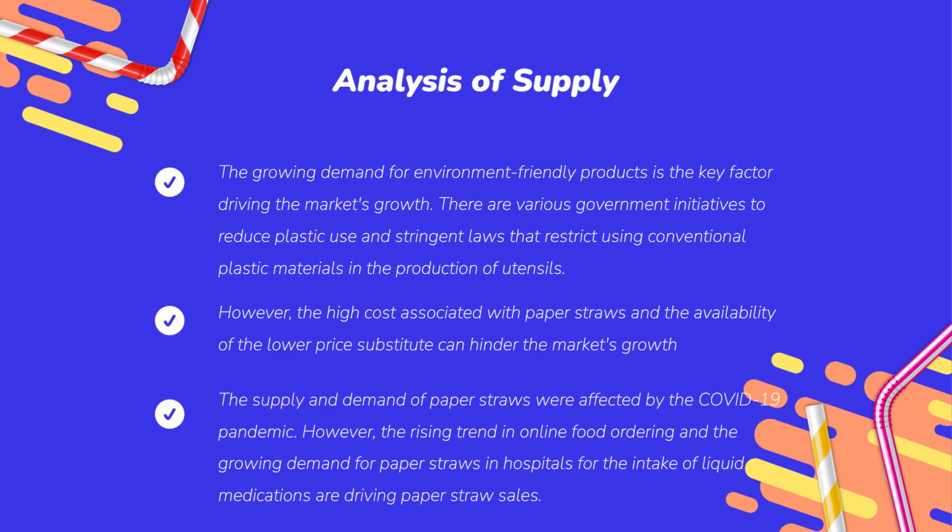However, the high cost associated with paper straw and the availability of lower-priced substitutes can hinder market growth. The supply and demand of paper straw are affected by the COVID-19 pandemic. However, the rising trend in online food ordering and the growing demand for paper straw in hobby stores for intake of liquid medication are driving paper straw sales.